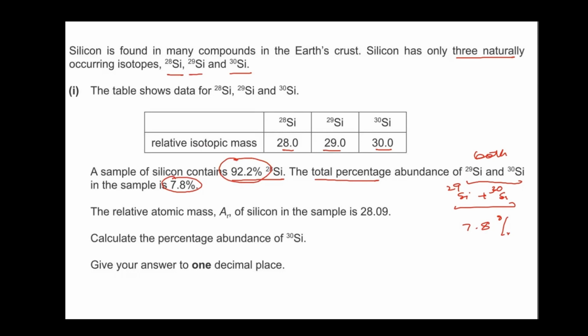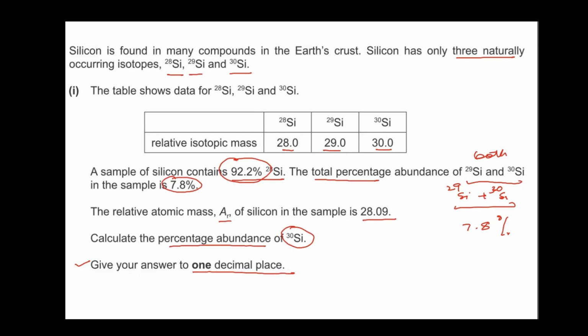Now they're saying the relative atomic mass of silicon is 28.09. You need to find out the percentage abundance of silicon-30, and you have to give the answer to 1 decimal place. We have to be very careful with whatever instruction they have given you. They want it in 2 significant figures or they want it in 1 decimal place. We have to completely abide by that.